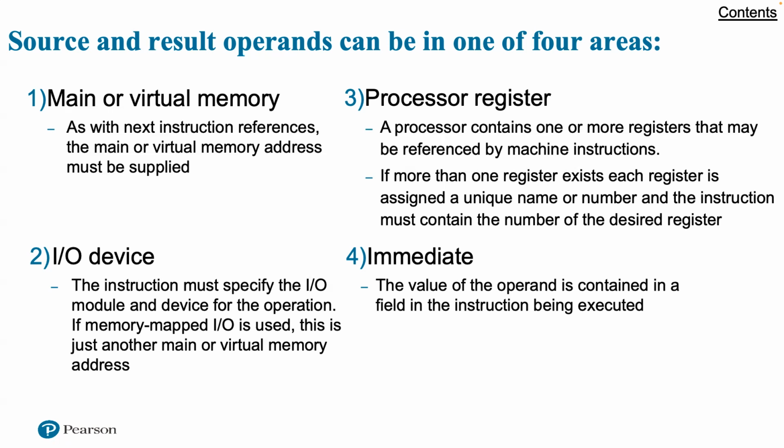If more than one register exists, then each register is assigned a unique name or number, and the instruction must contain the number of the desired register. For immediate, the value of the operand is contained in a field in the instruction being executed. Next, I/O device, the instruction must specify the I/O module and device for the operation. If memory-mapped I/O is used, this is just another main or virtual memory address.